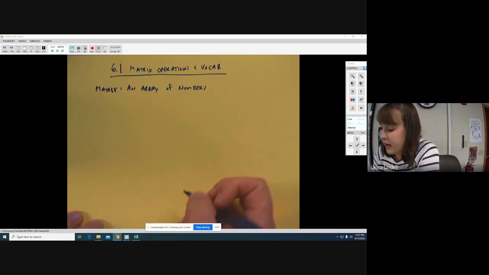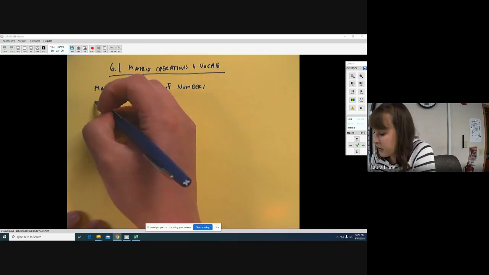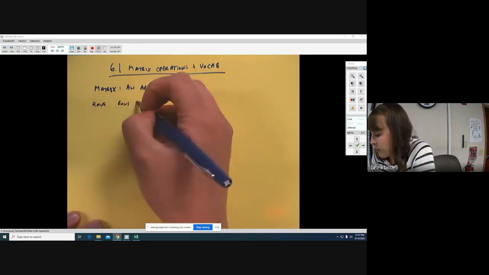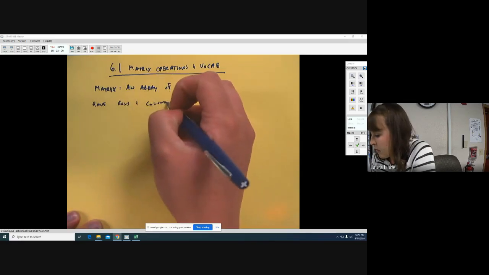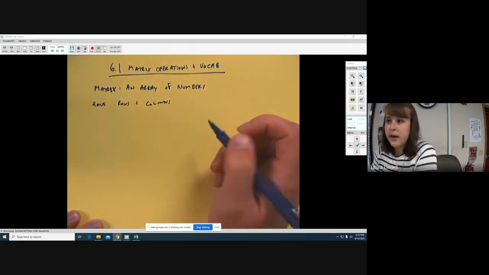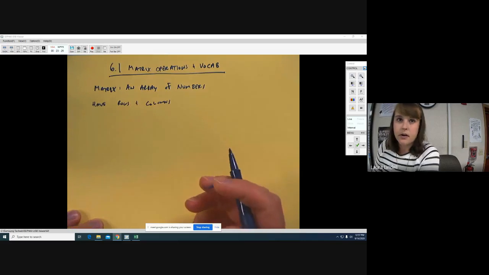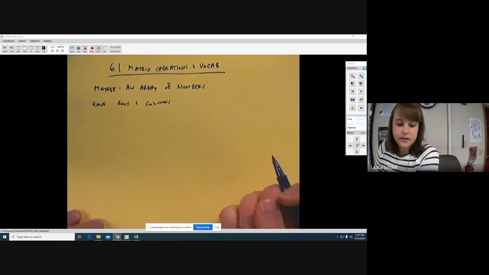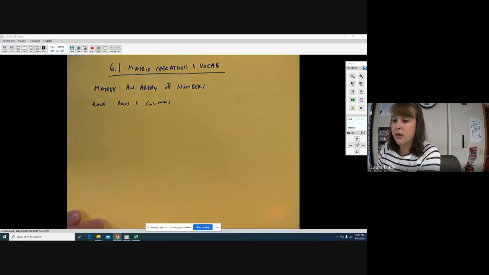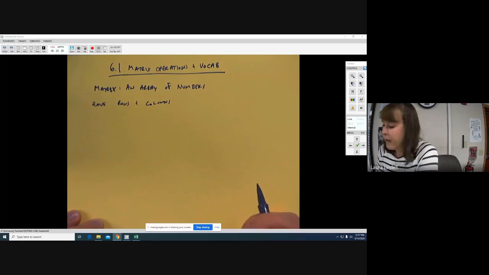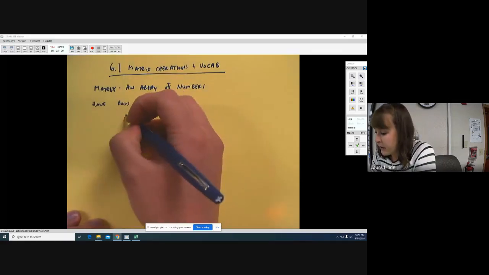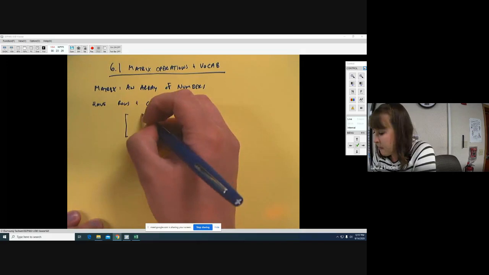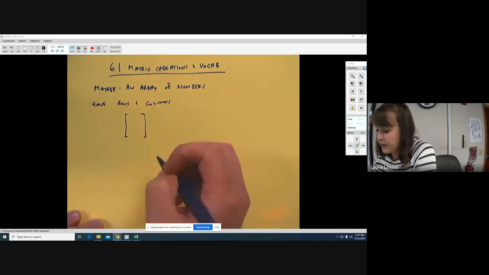So matrices have rows and columns. And the way that we identify a matrix or a piece of information about a matrix is its dimensions. How many rows, how many columns does it have? So if I have a matrix that looks like this, matrices are in brackets.